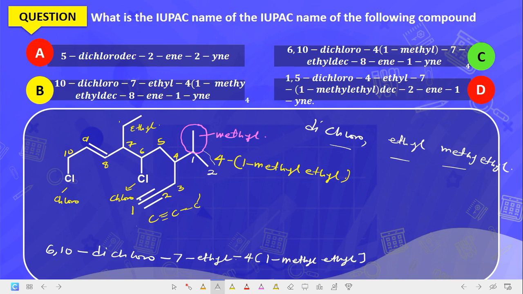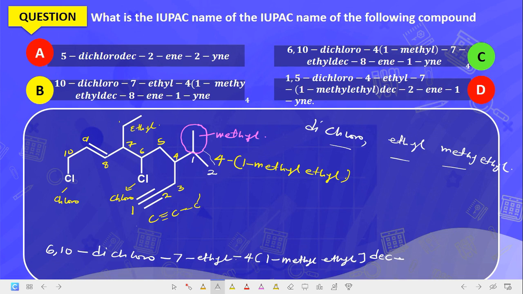Now the longest continuous chain has how many carbons? 10. When something has 10 carbons, you call it what? Dec, from deca. Now at carbon number what? We are going to name the ene before the yne, because the alkyne group has higher priority than the alkene group.